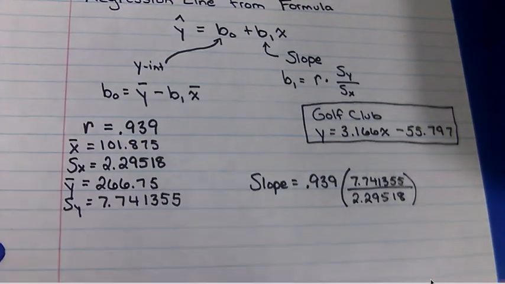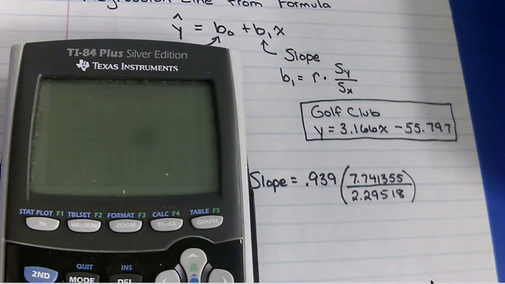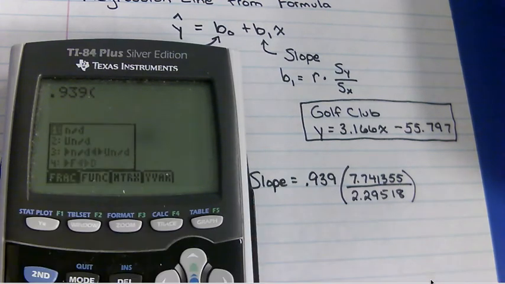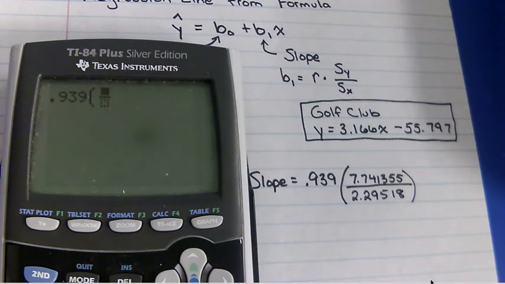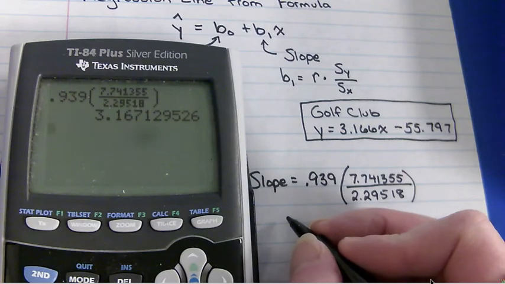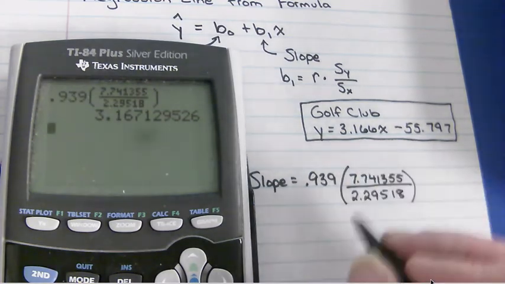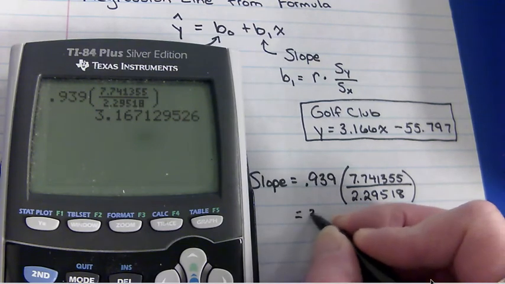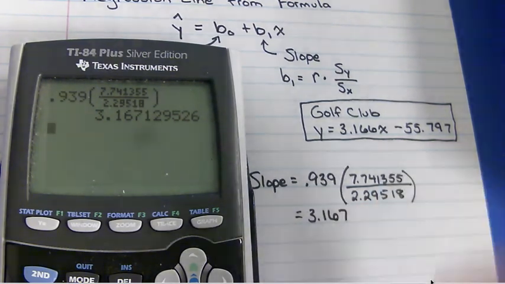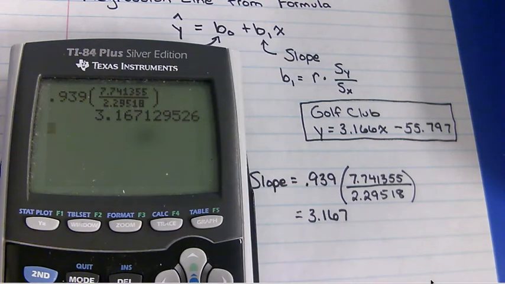And let's put that in the calculator. 0.939 times, and I'm going to do a fraction, 7.741355 over 2.29518. And I got that the slope is 3.167, which is really, really close. 3.166, 3.167, that's pretty close.